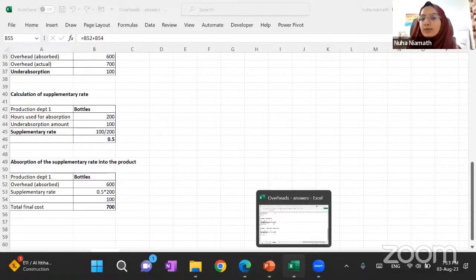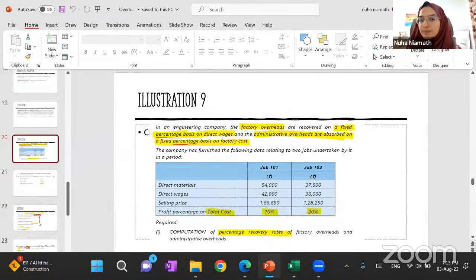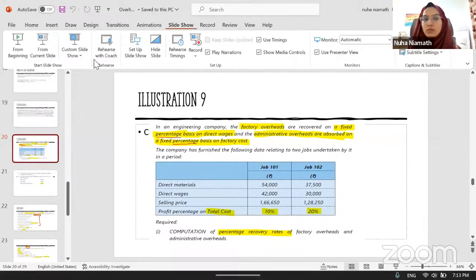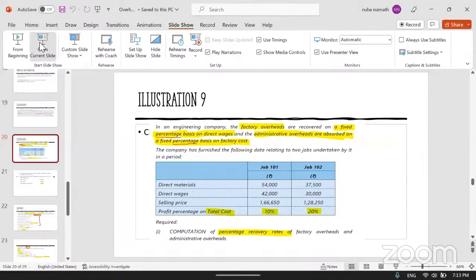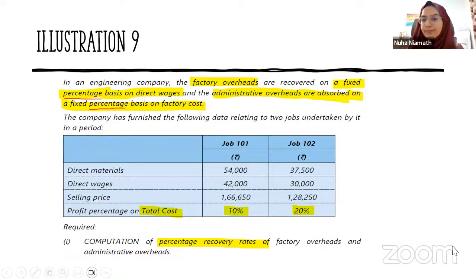Does everybody have the PowerPoints ready with them, which I shared today? Please let me know in the chat box. Does everybody have the highlighted PowerPoint presentation with them? Please let me know.